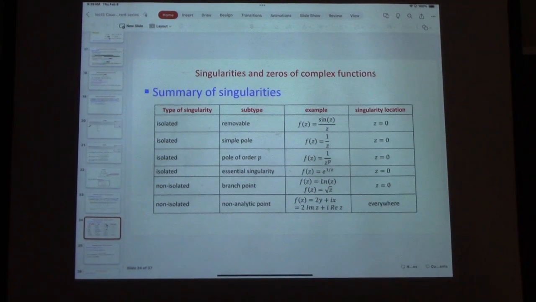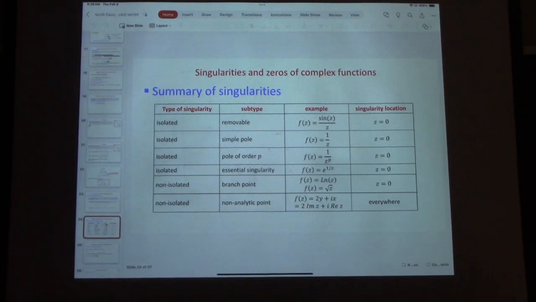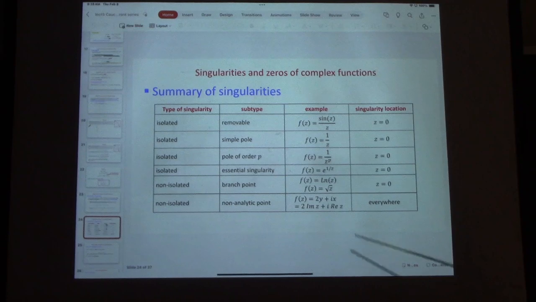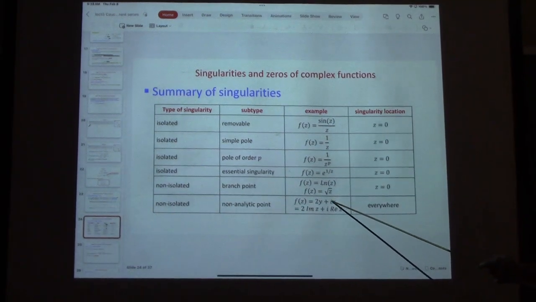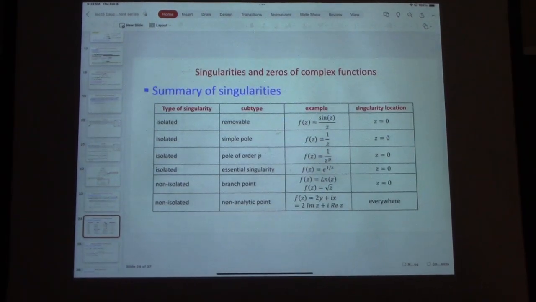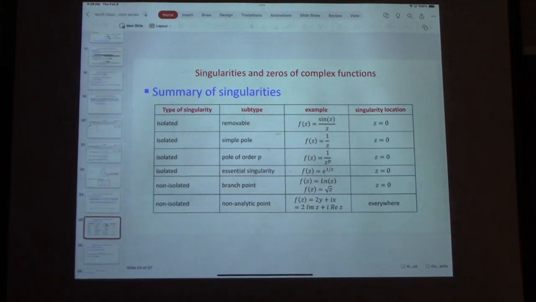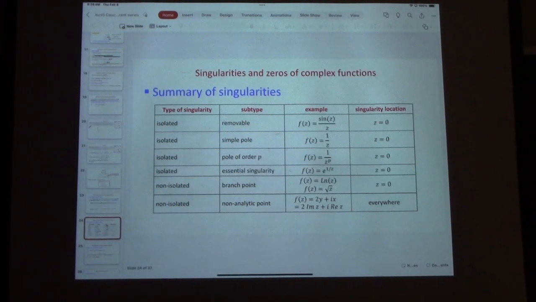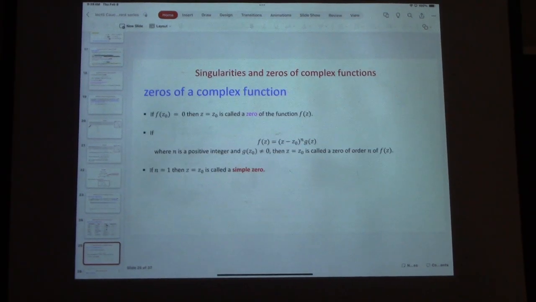You have some place you cannot go, like divide by 0. But it's very rare to find a function where you have an expression and every single point is not analytic, essentially cannot be differentiated. So that's very rare. Okay. But complex functions, that's a lot. You can make up all kinds of examples.